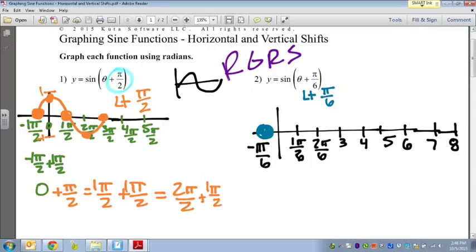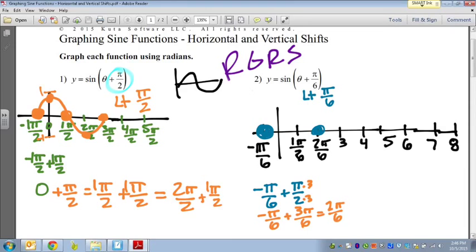Now we need to find our new points. We're starting at negative pi over 6, plus pi over 2, because every time we add pi over 2, that's where our new critical point is. I need a common denominator, which is 6. Negative pi over 6 plus 3 pi over 6 gives me 2 pi over 6, which you could reduce, but for this case let's leave it as it is.